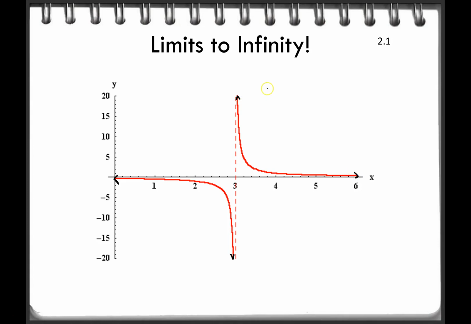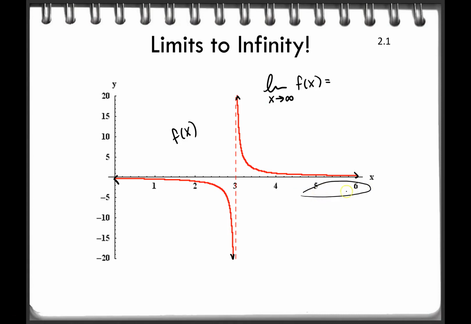All right, the first one I want to talk about is the limit as x approaches infinity, and we'll call this graph f of x. So this question is saying, hey, as my x value is getting bigger and bigger and bigger, what happens to my y value? Well, where is my x getting bigger and bigger?